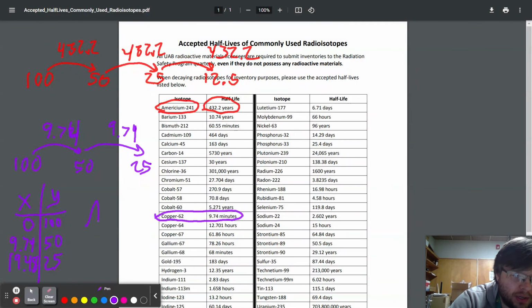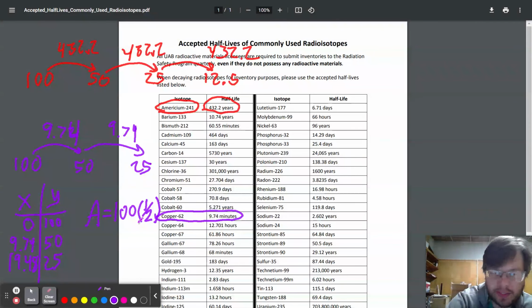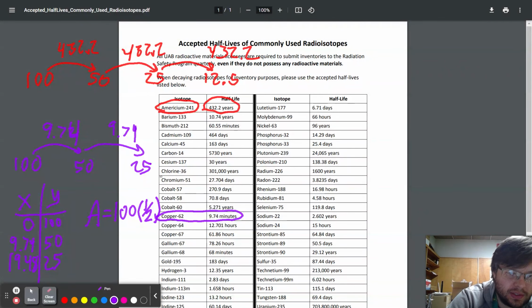The amount of copper at any time is 100, because that's what I started with, times 1 half, or I could use 0.5 if you like decimals, raised to the t over 9.74. The t right here stands for the time in minutes.